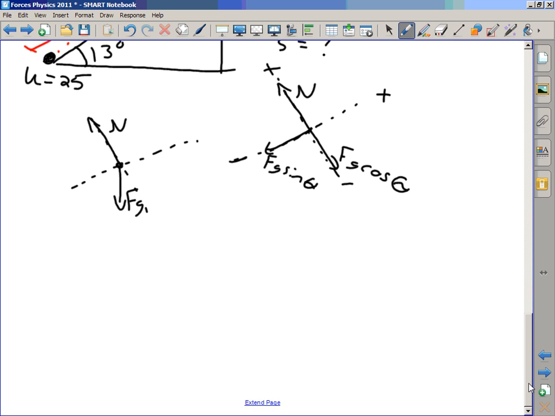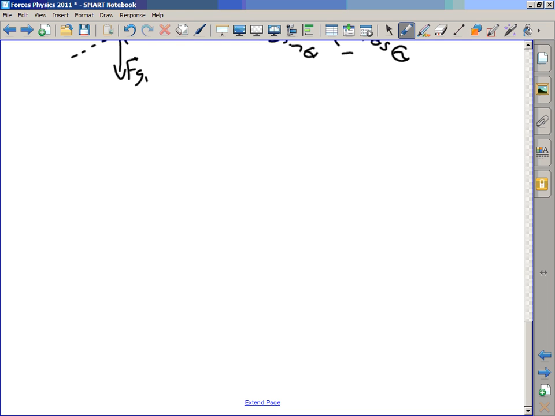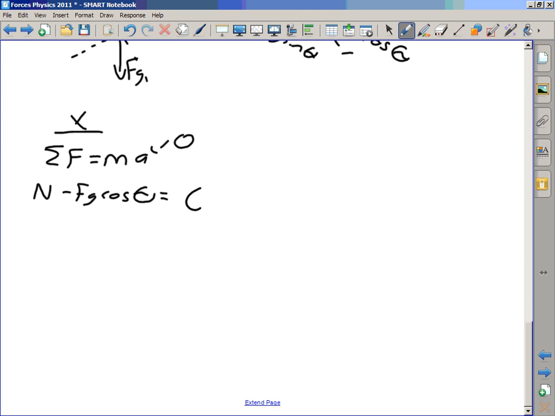Sum up the forces in each axis. In the x-axis, you're going to have normal minus Fg cosine theta equals ma. And what's the acceleration in the x-axis here? Zero. The car isn't flying up into outer space or plunging down to the depths of the earth. a is 0. Now, the y-axis is where we're really going to care.